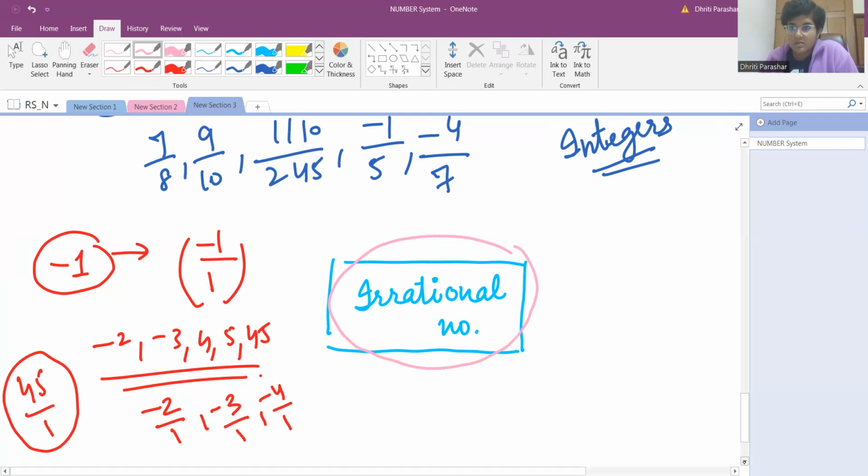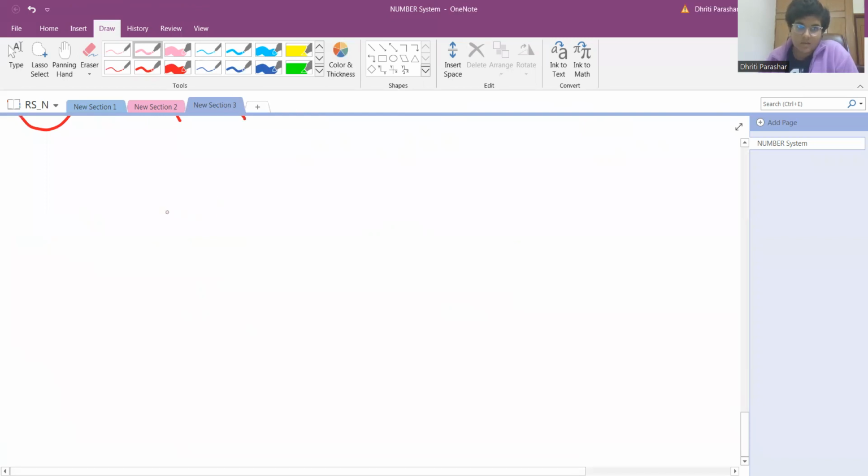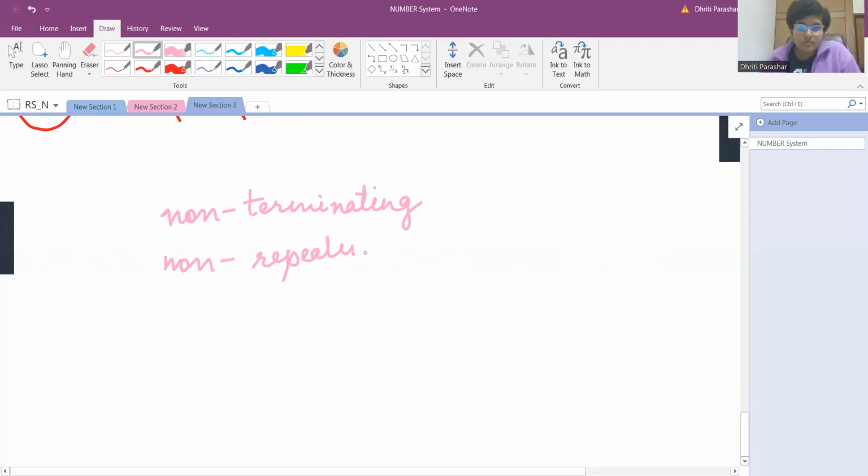Irrational numbers are non-terminating and non-repeating. I'll just write that down. These are two important terms you need to understand: non-terminating and non-repeating. What do you mean by terminating?